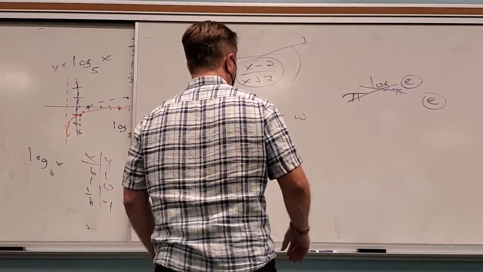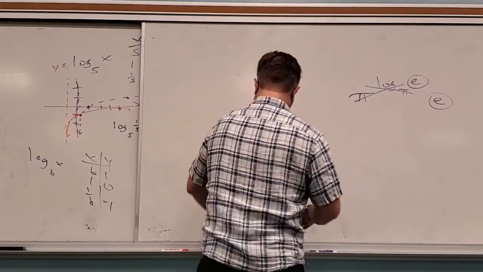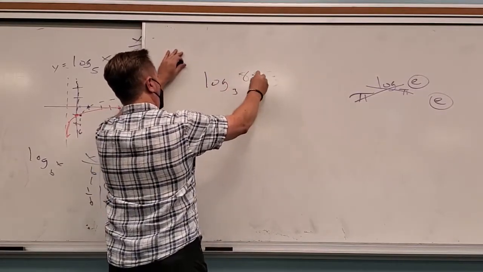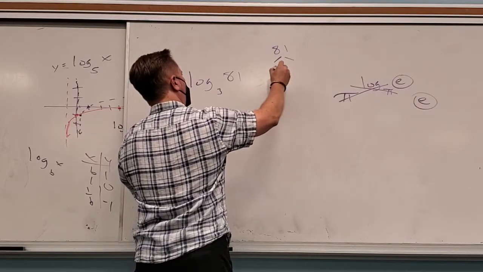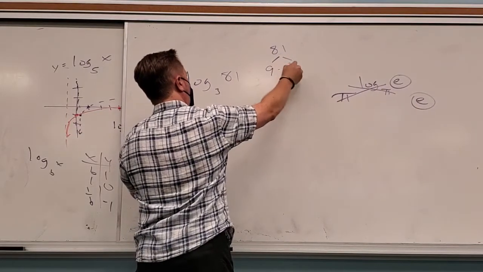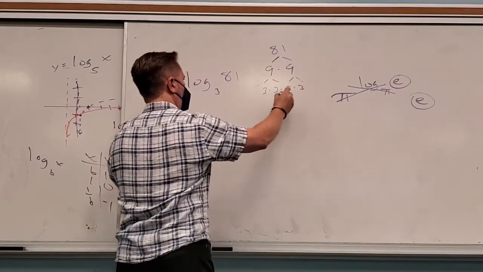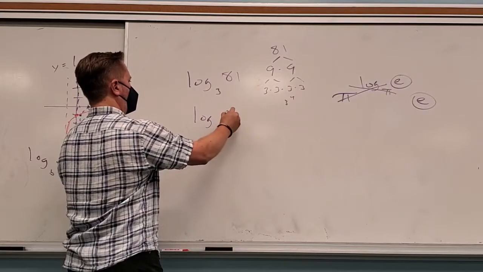So just to show you on that part A, for example, I'm going to ask you log base 3 of 81. Can't you think about what's 81? Break it down. 9 times 9, keep going. So isn't it 3 to the 4th? So isn't this log base 3 of 3 to the 4th?